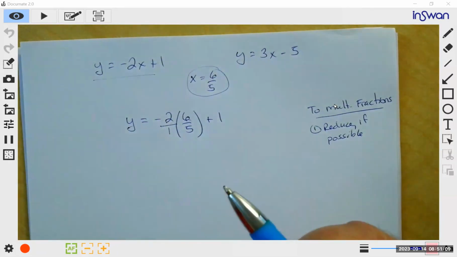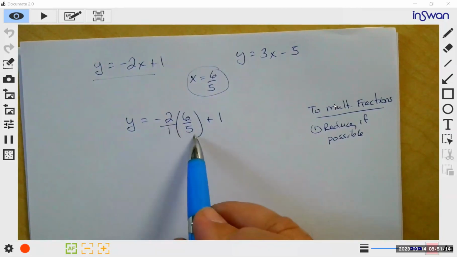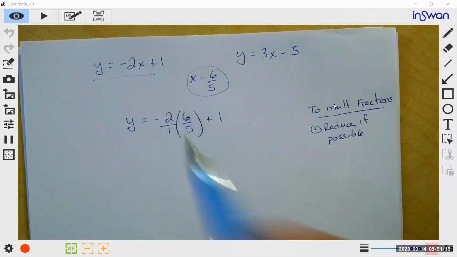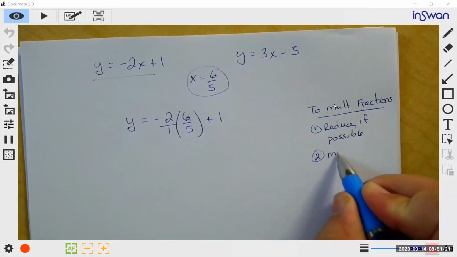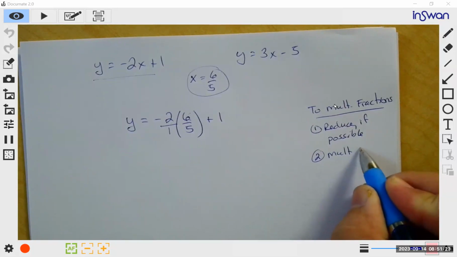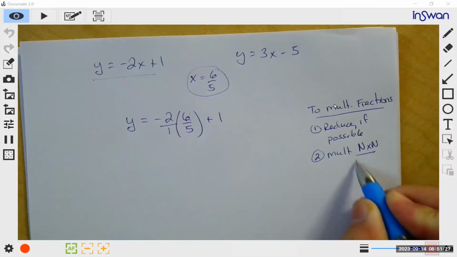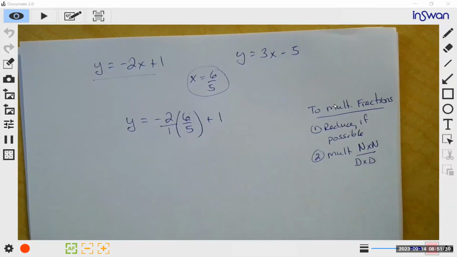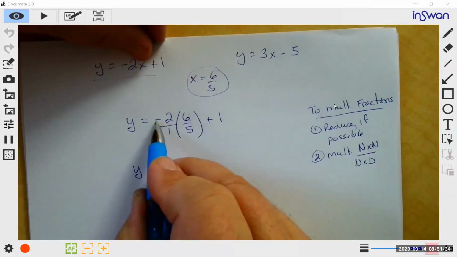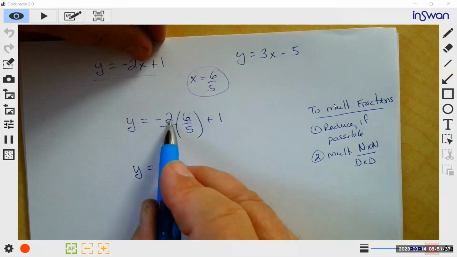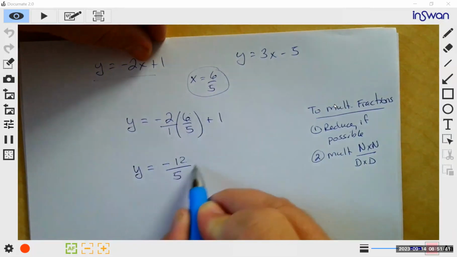Can anything cancel top and bottom? No. 2 can't cancel the 5. 6 can't cancel the 5. So multiply numerator times numerator, denominator times denominator. Negative times positive is negative. 2 times 6 is 12. 1 times 5 is 5.